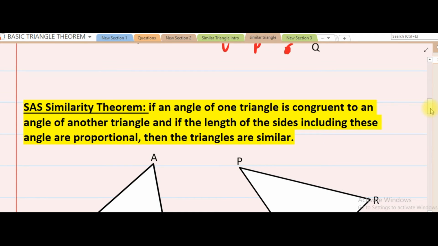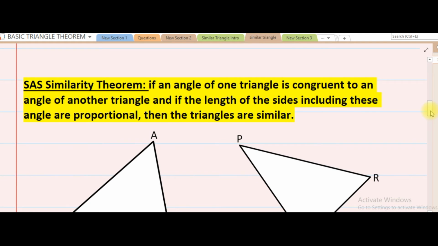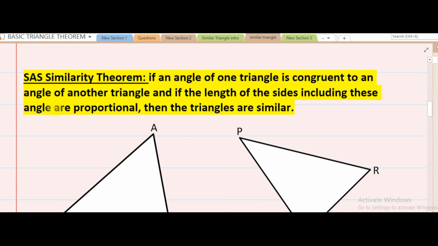similarity theorem. The SAS similarity theorem states that if an angle of one triangle is congruent to an angle of another triangle, and the lengths of the sides including these angles are proportional, then the triangles are similar.